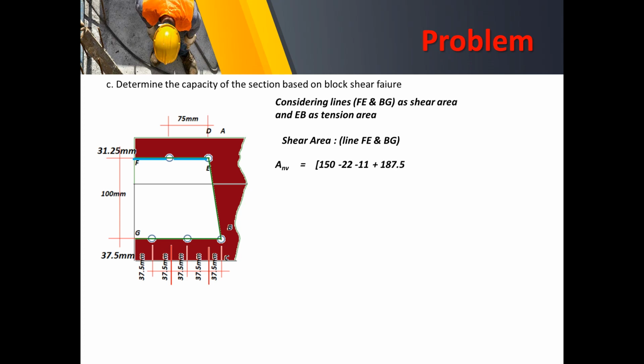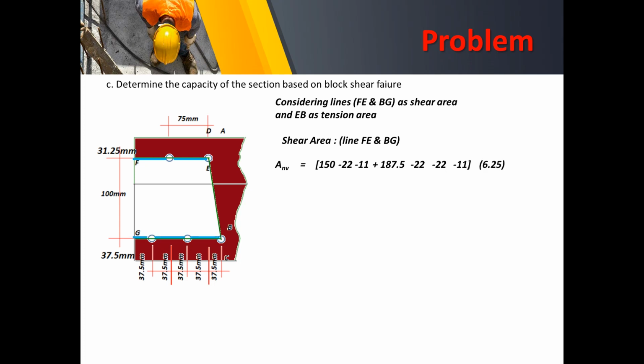And of course, for line BG, that is 187.5, or we have 5 times 37.5, that is 187.5 minus 22. There are two 22 diameter, minus 11. So half of 22 again at the edge of B, the bolt B. So these are actually those lengths.